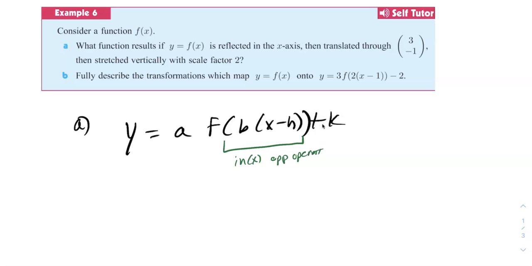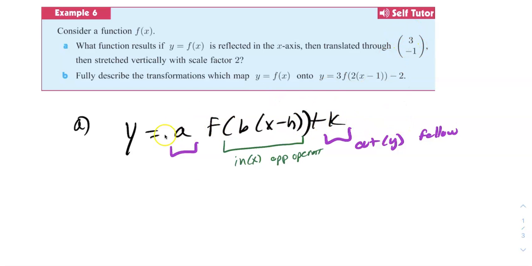Anything on the outside is the y values, and you follow what it says. So if it says plus, you go up, minus, you go down. If it says multiply, you multiply. Inside operations, if it says plus, you do minus, minus, you do plus. If it says multiply, you multiply by the reciprocal, or you divide. So inside x opposite, outside y follow.